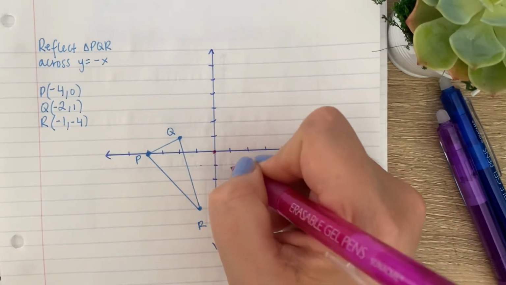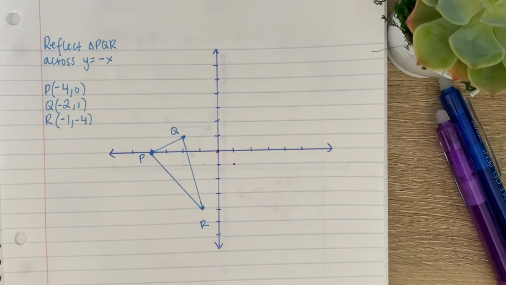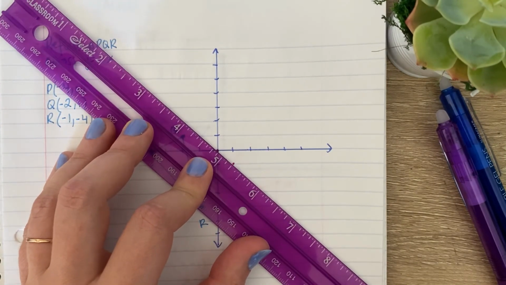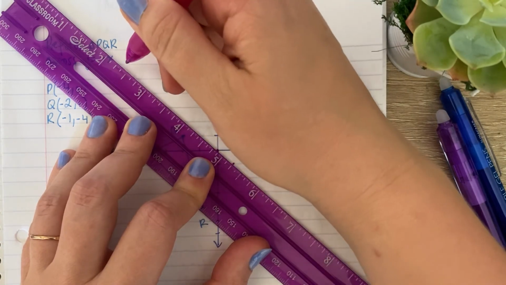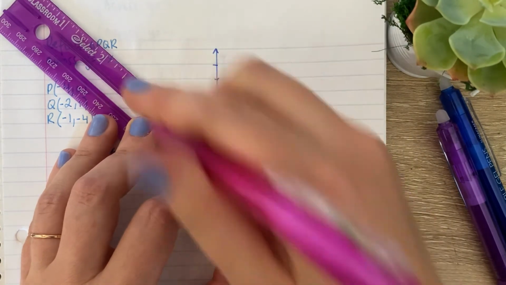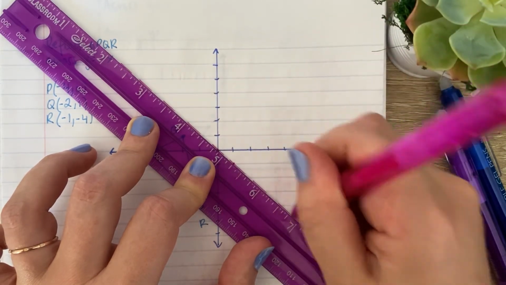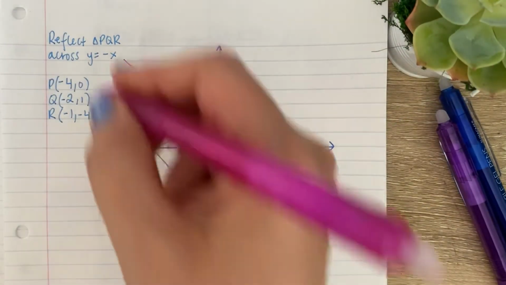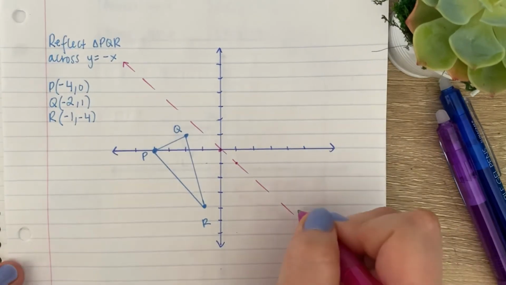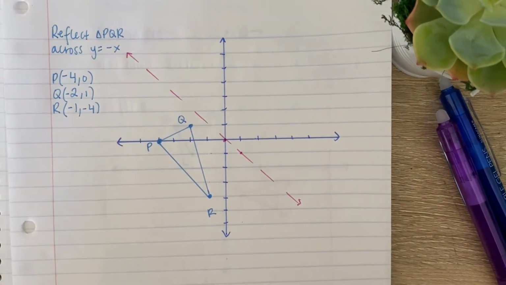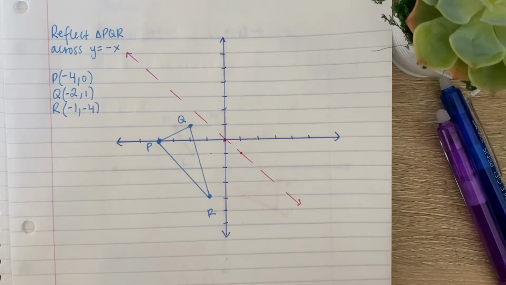So you go down 1 and over 1. And then I'm going to go ahead and make this a dotted line. So what do I recommend for you guys? When you're reflecting across these two lines, I recommend that you actually draw out your line of reflection so that you can see what you're reflecting across.